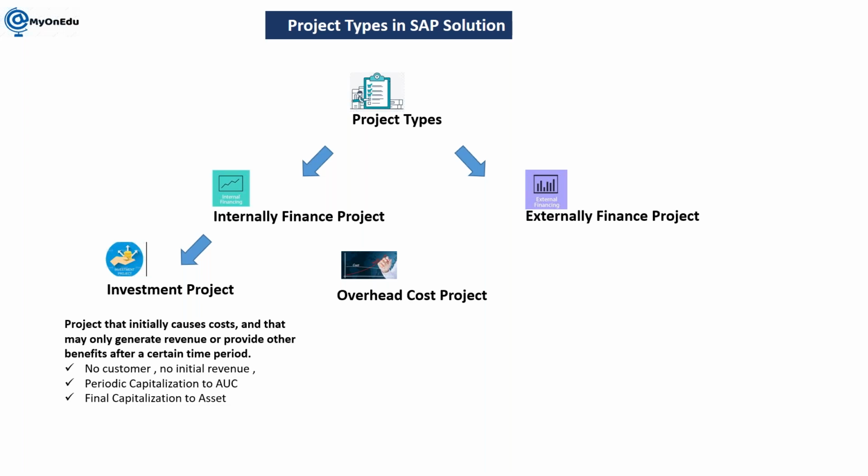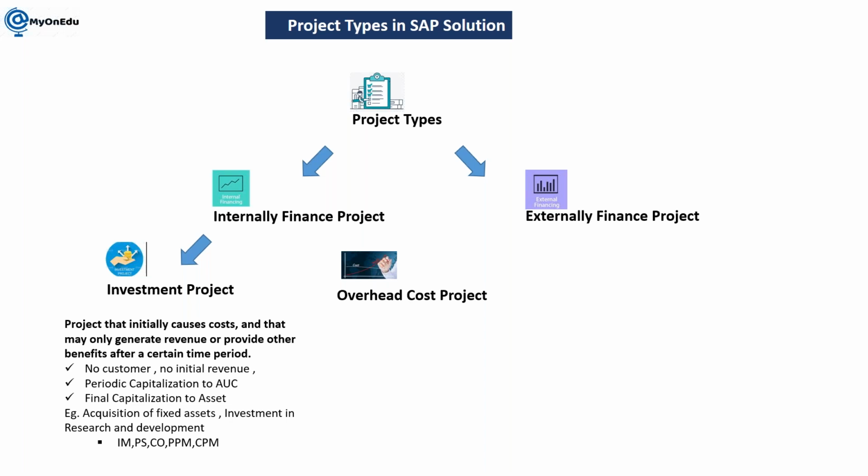In the same example, your complete office will be the asset, and whatever cost is incurred every month, which you have taken into AUC, will finally be settled to the asset. To implement this kind of scenario in SAP, we have some specific modules: you can use investment management, controlling, project system, portfolio project management, and CPM, commercial project management.